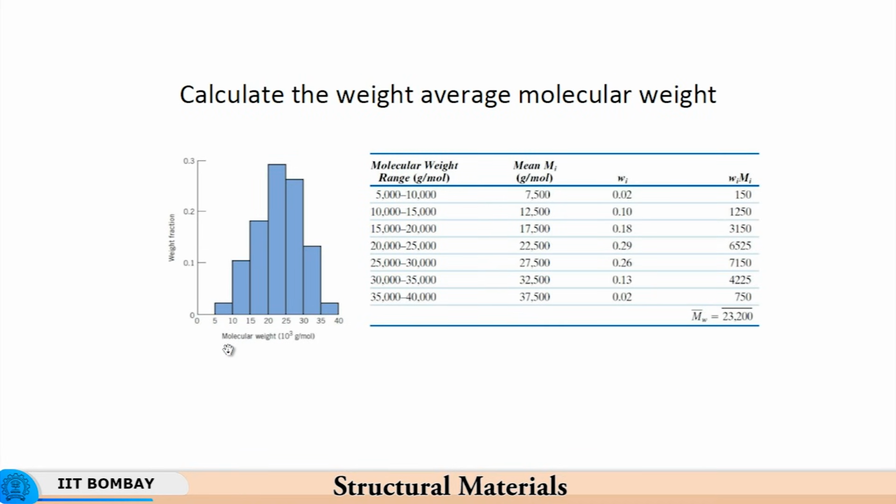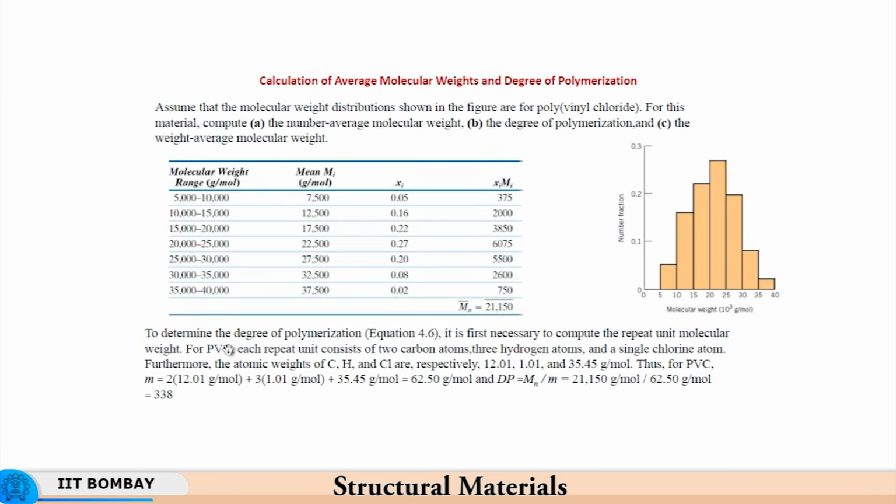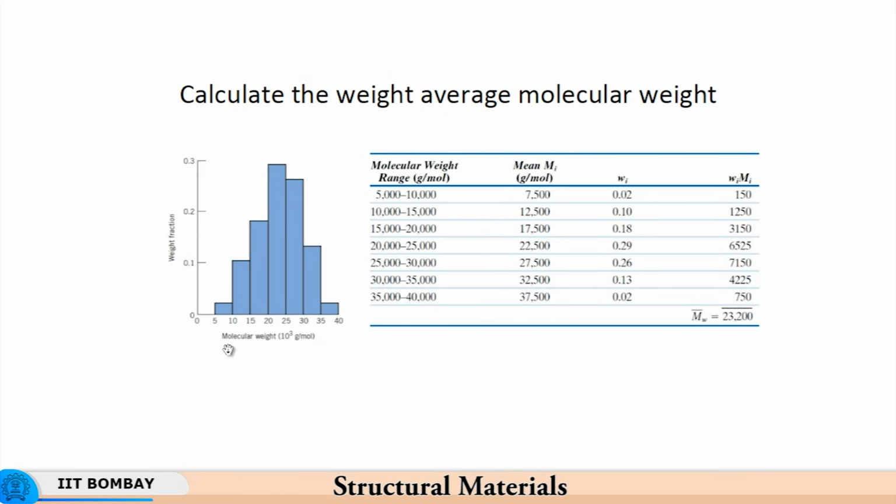Now, this is another problem. Here we were talking about number fraction. Now we have average molecular weight. So what changes here is the weight fraction of each of these molecular weight ranges. It is just 2% of the macromolecules that lies within this polymer range.